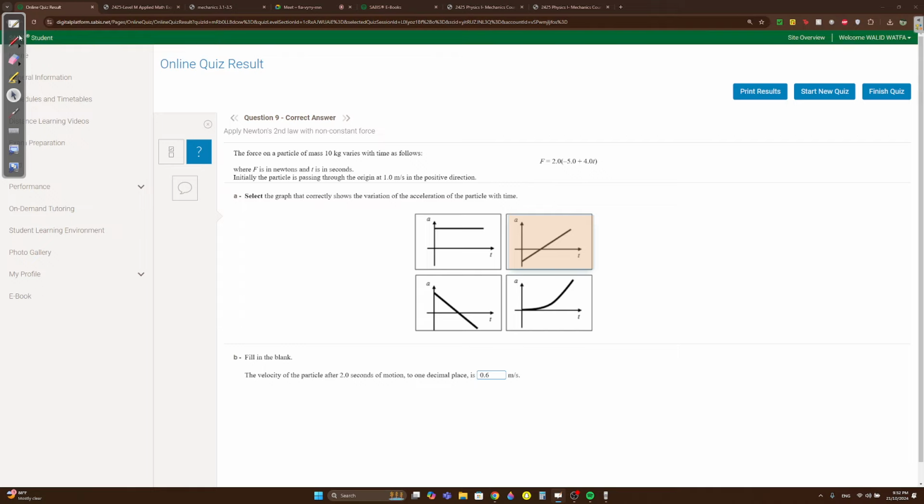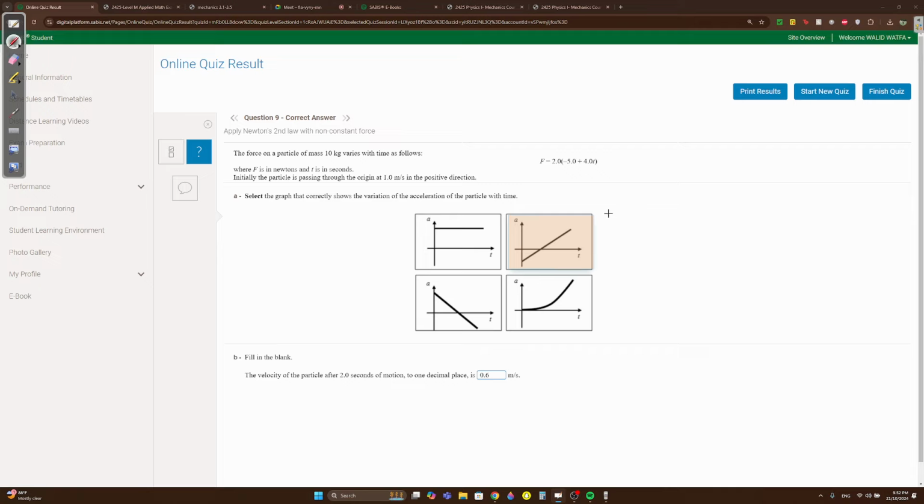So here, correct me if I'm wrong, but I think for the graph you just need to pick the straight line that's going up. Initially the particle is passing through the origin at one.